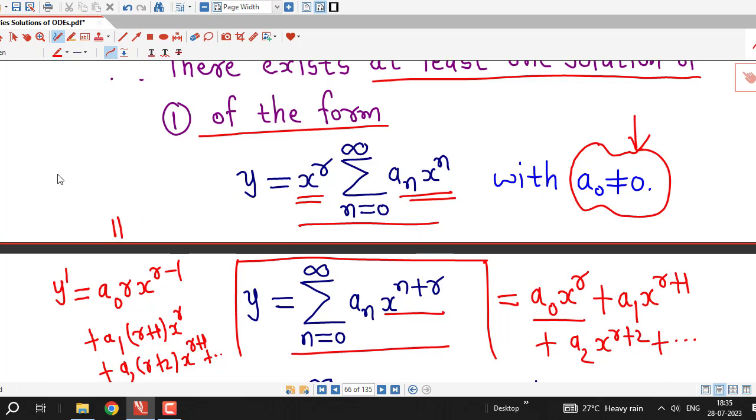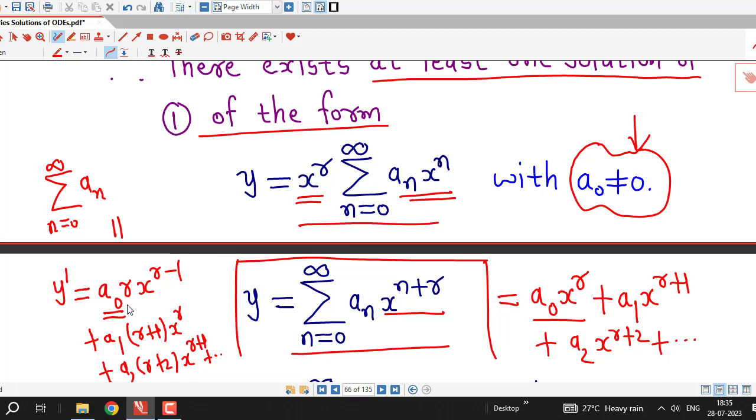If we want to write this in sigma notation, you can see it is starting with 0, so n starts from 0 and goes up to infinity.